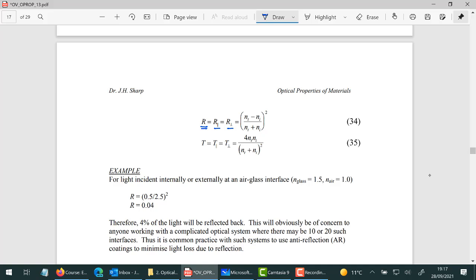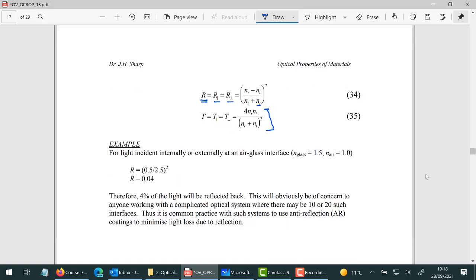We have a nice simple expression: the refractive index in the transmitted medium minus the refractive index in the incident medium, divided by the refractive index in the transmitted medium plus the refractive index in the incident medium, all squared. That's a wee bit more messy for the transmitted beam because, again, we don't have cancellations because the refractive indices are different for the incident and the transmitted beam.